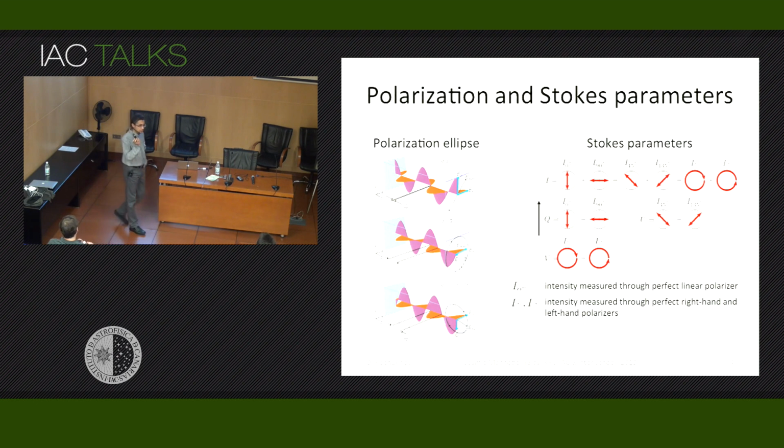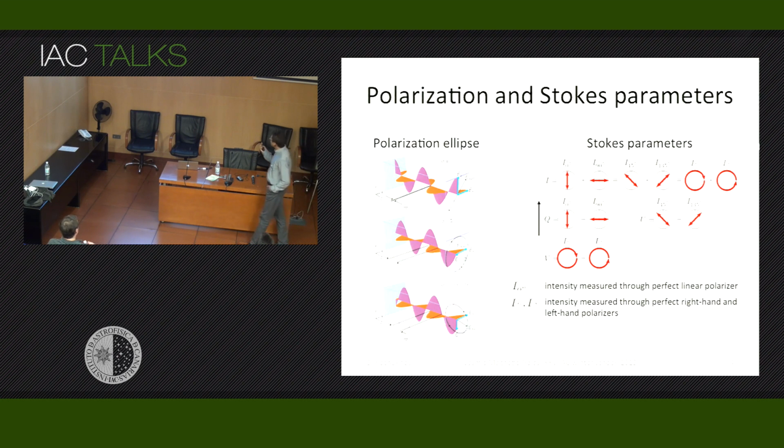Then there could be a situation when this electric field vector is going along the circle. That would be a situation corresponding to circular polarization, this plot. And in general, it's a combination of all these effects, elliptical polarization shown here.